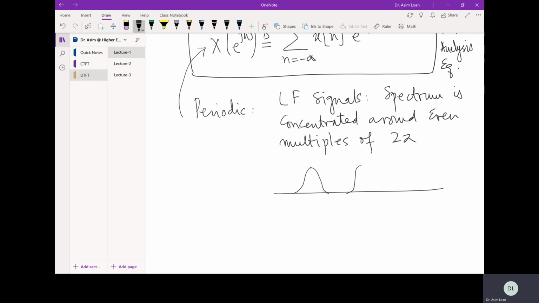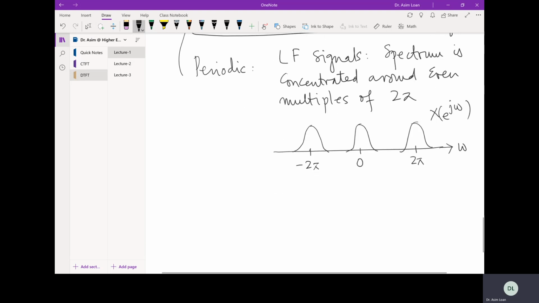It's going to be periodic. Let's say this is 0, this is 2 pi, this is minus 2 pi, and so on and so forth. This is X of e^(j omega).